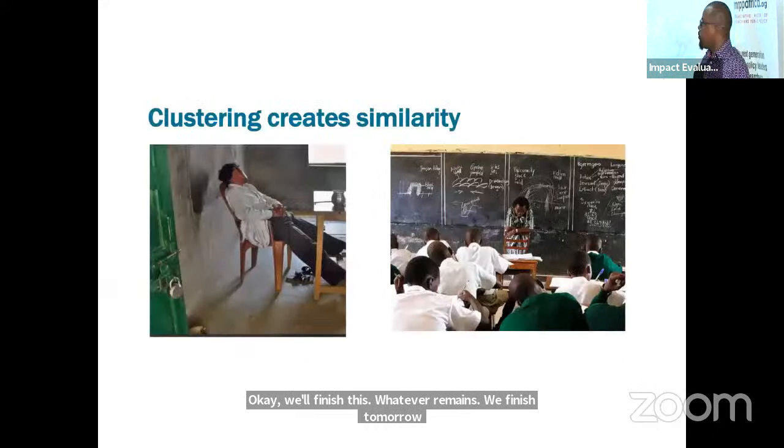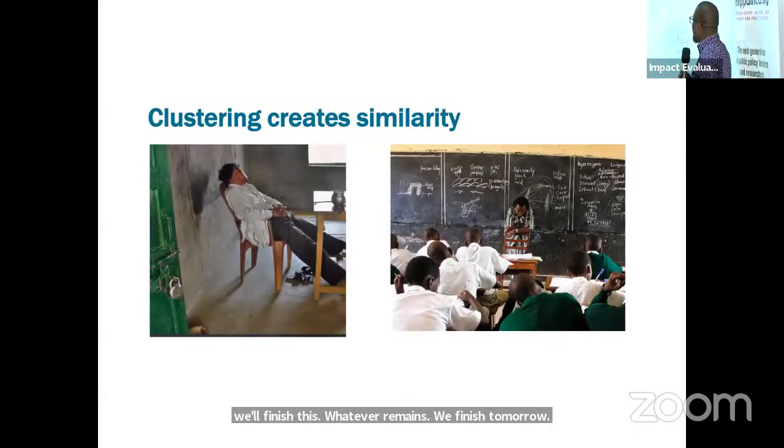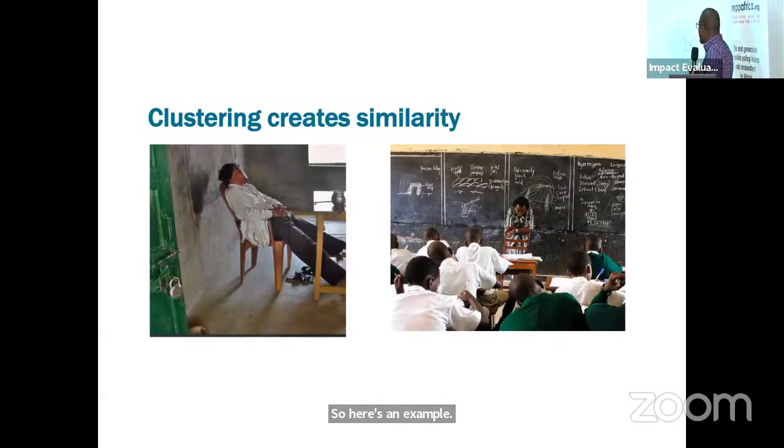So here is an example. Clustering creates similarities. What do you make of the first panel photo? He's just by himself. There's no one else sleeping. He's by himself. What about the second one?